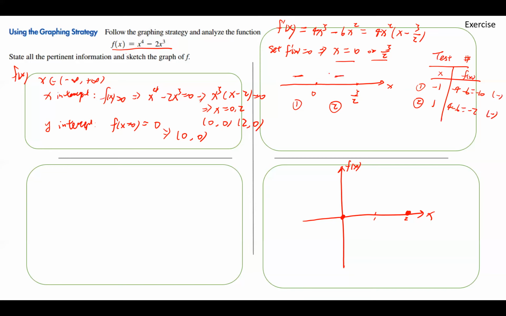So the function is also continuing to decrease, right? So it's still decreasing. And for the third region, let's plug in the number 2. This gives me 4 times 8 minus 6 times 4, which will be a positive number, right? So it is positive in the third region.